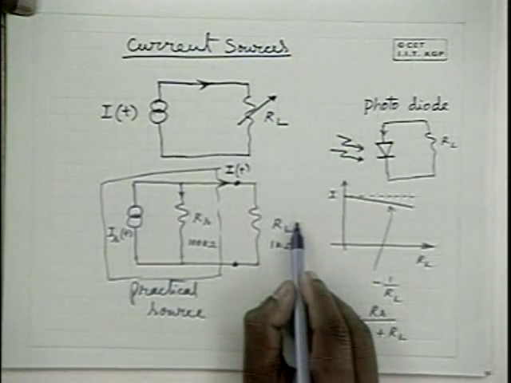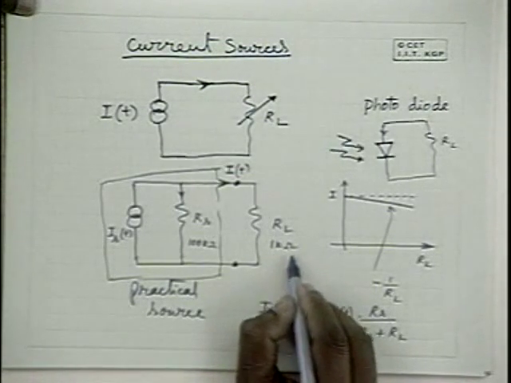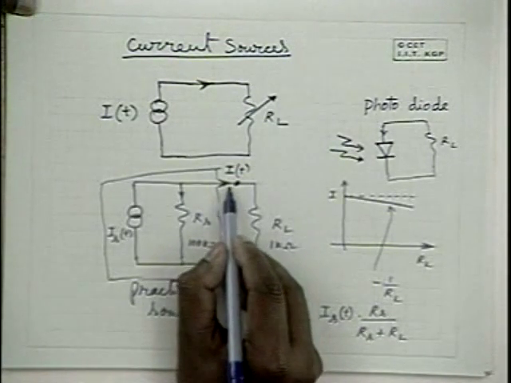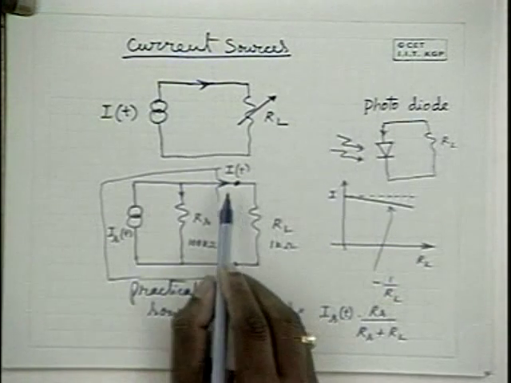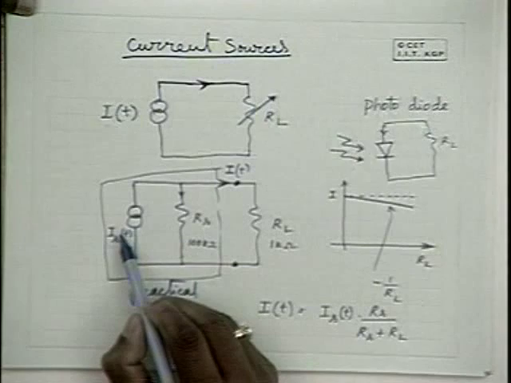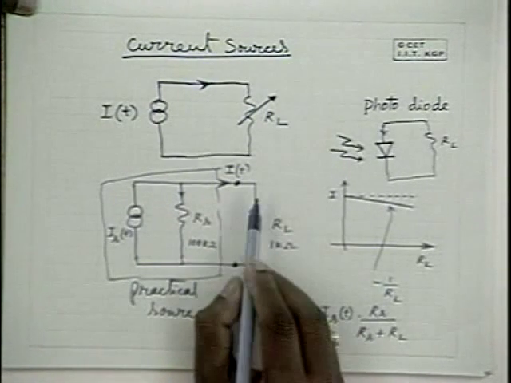Now if the resistance drops to 500 ohms, how much change would you expect if this current is say 1 milliampere?